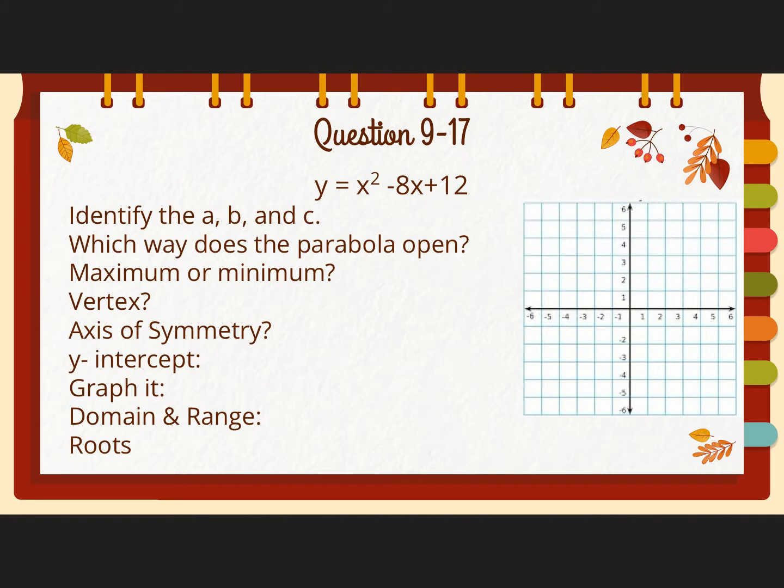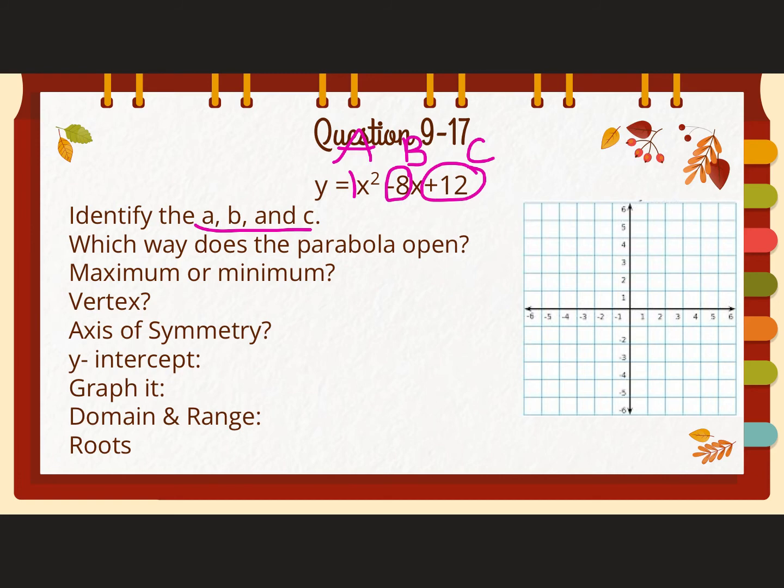Okay, so for this next problem, we are in standard form, and I know that because there's no parentheses. So we need to identify our A, our B, and our C. Well, there's not a number in front of x squared, but there's really a 1 there. So that's our A. Our B is -8, and our +12 is our C value.